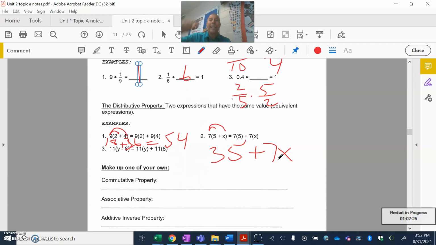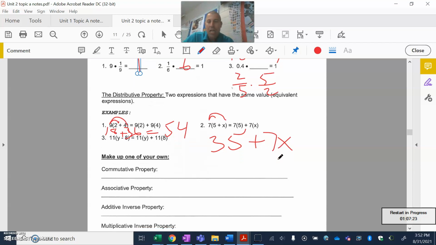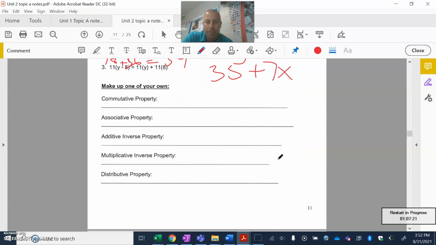So, all right, let's summarize here, people. Commutative property, all right, we can flip the order around. So 4 plus 3 is the same as 3 plus 4. And again, I can just change it to a multiplication problem, same thing. Associative, all right, the parentheses move.